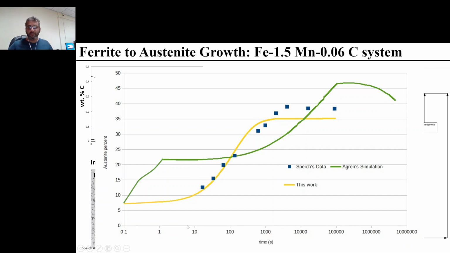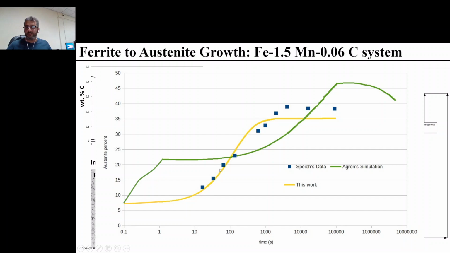What is particularly of interest is the growth pattern during the initial stages. As you can see in the Thermo-Calc simulation, there is this sudden increase in the austenite fraction, which is attributed to the interface control by carbon diffusion alone.